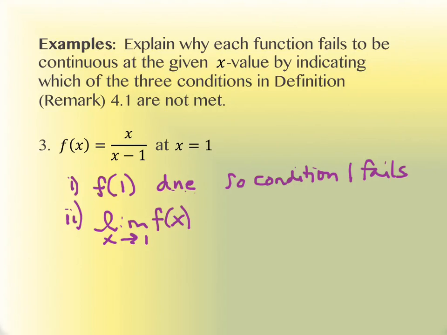An asymptote, right. So if it has an asymptote, that means on one side it's going up to infinity, like you said. On the other side it's going down to negative infinity. So what can you tell me about that limit? It's not going to exist because one side goes to infinity, the other side goes to negative infinity. So this limit doesn't exist. So condition 2 fails.